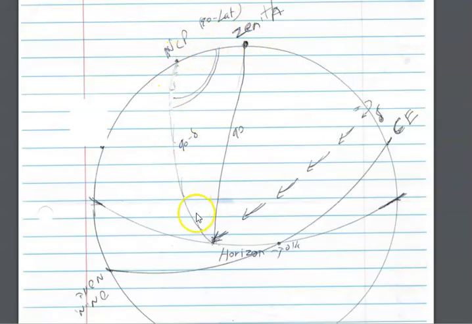North Celestial Pole to this point is 90 minus the declination. That is 90 minus 15, 75, because this here is another 15. So from the North Celestial Pole to this point would be 90 minus 15. So we already have three sides of this triangle that are known.